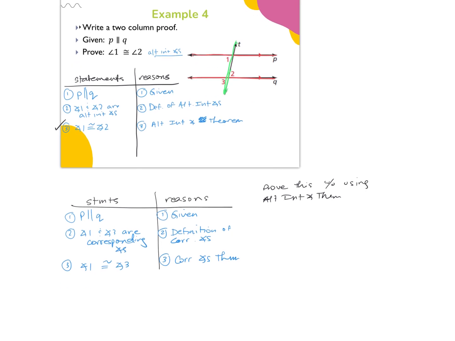I know that means they're congruent, right? It might be the corresponding angles congruence theorem. I feel like the word congruent is in it, but anyway, it's that theorem that tells me that angle 1 and angle 3 are equal. Then in step 4, I know that angle 3 and angle 2 are vertical angles, because of the definition of vertical angles.